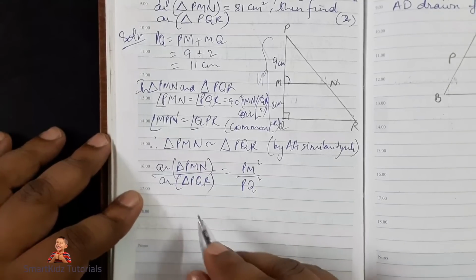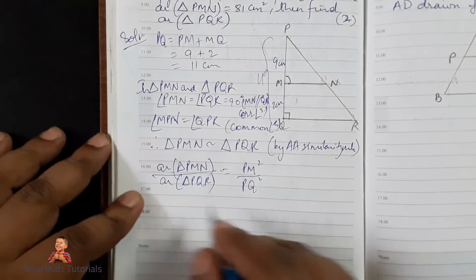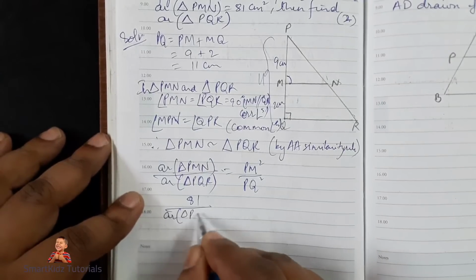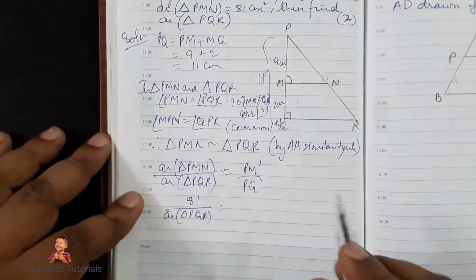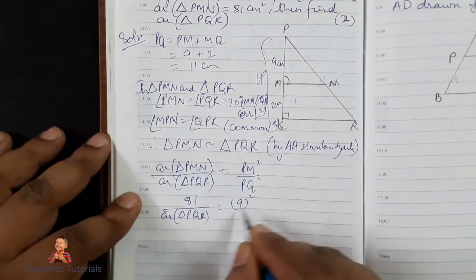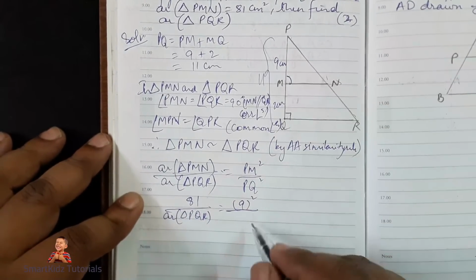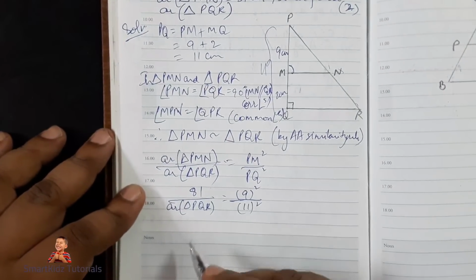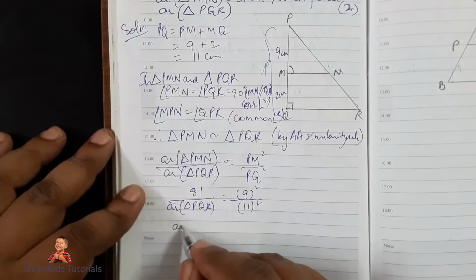Okay, now area of triangle PMN is given to us as 81. Area of triangle PQR is what we need to find out. PM is 9, so that would be 9 whole square, and PQ we have measured as 11 whole square. Okay, now take this on top.